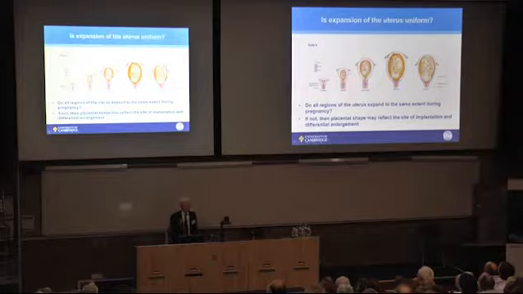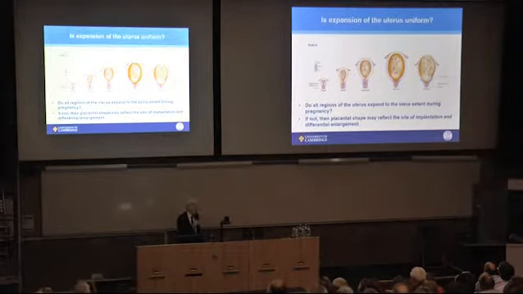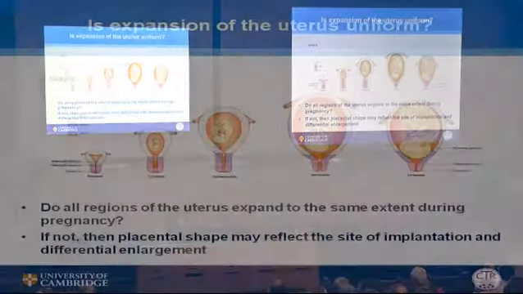So if your placenta was implanted in this region here, it may well stretch in a different way to one that is implanted just at the top of the fundus. So I think these are very interesting questions that we should now address in the light of David's work.